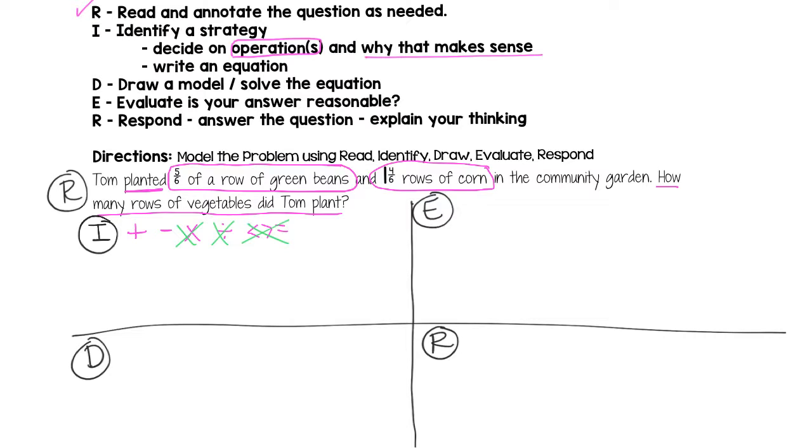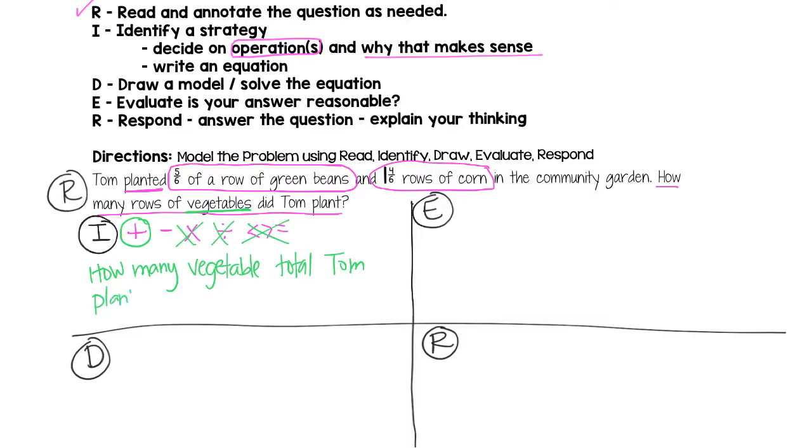So are we trying to find the difference? Difference would be subtraction between green beans and corn. No, we're trying to find out how many vegetables total he planted. So that tells us that it's addition. We want to know how many vegetables, here's the word vegetables, total Tom planted.